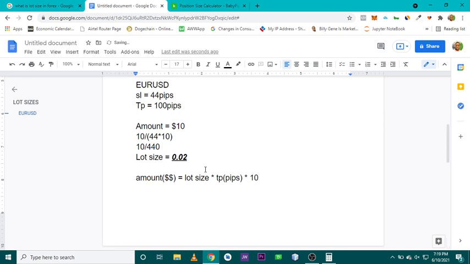So in this calculation, we use a lot size of 0.02 times our take profit of 100 pips times 10.